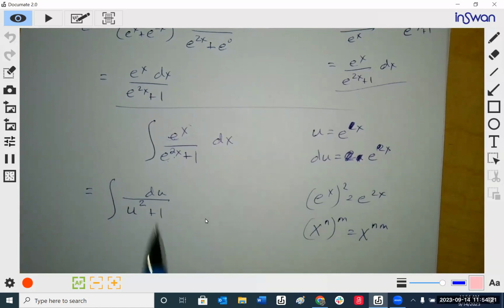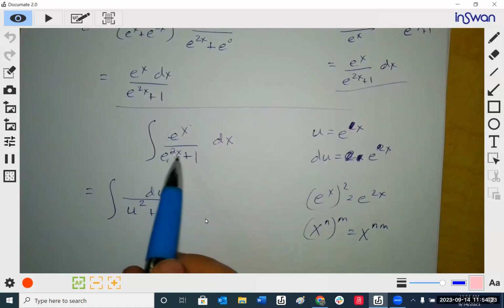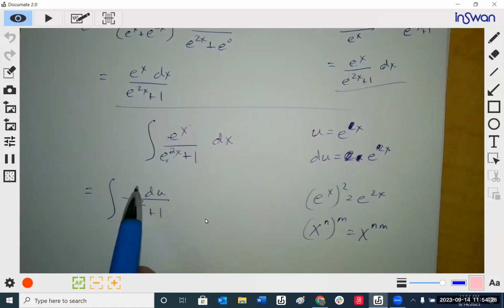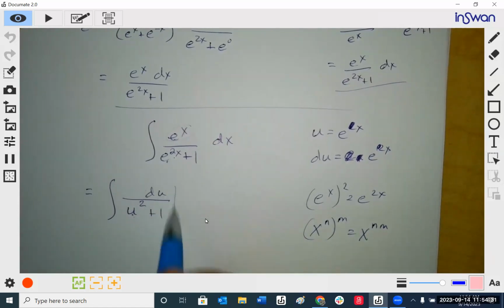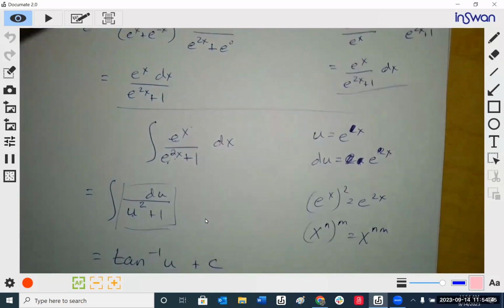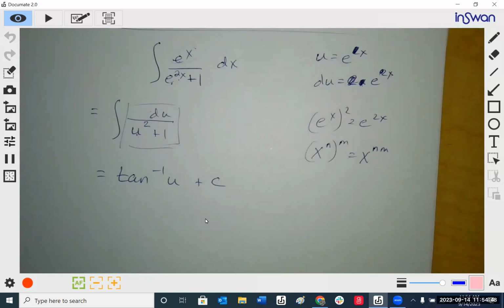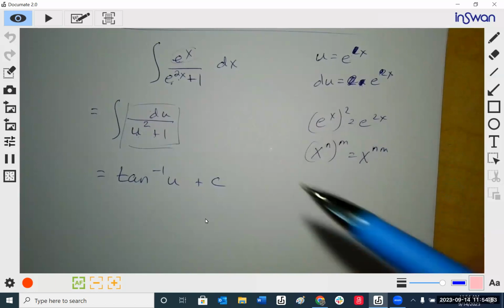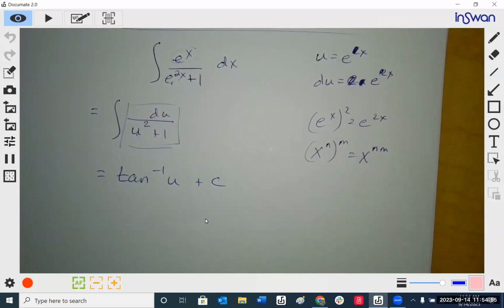There is a trig or algebraic identity. Look in your notes for that in your chart. Tangent inverse of u plus c, right? Once you find du over u squared plus 1, there's also du over u squared minus 1. There's a whole bunch of those.